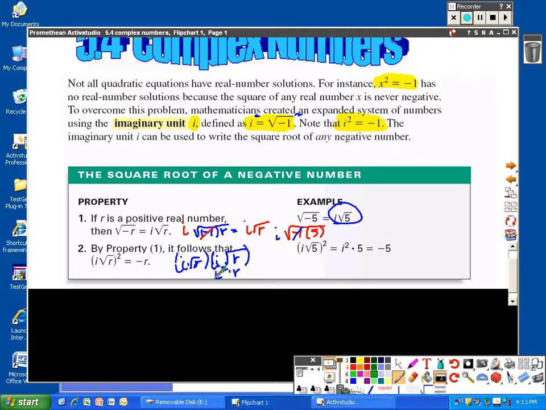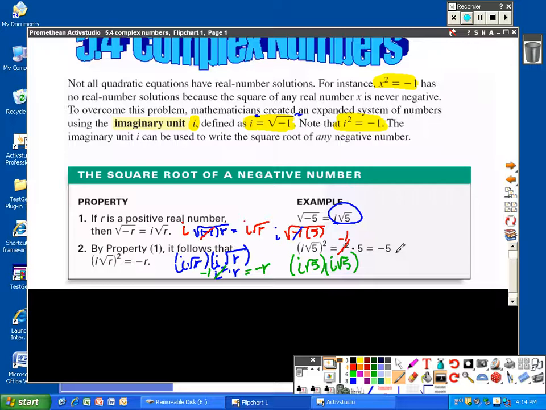So this becomes -1 times r, which is -r. An example of that would be i square root of 5 squared. That is i square root of 5 times i square root of 5, which is i squared times 5. i squared is replaced with a -1, so it becomes -5.